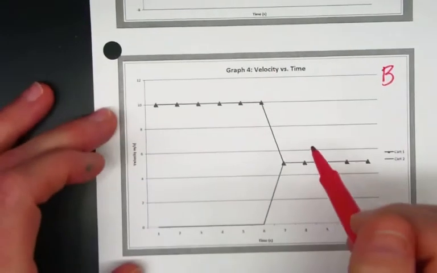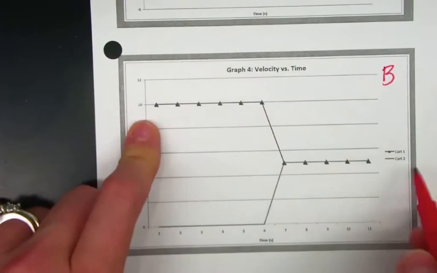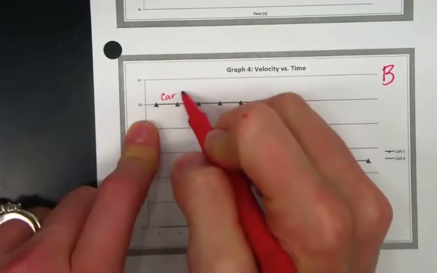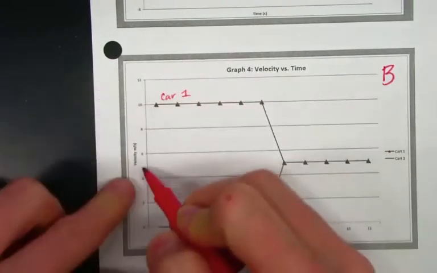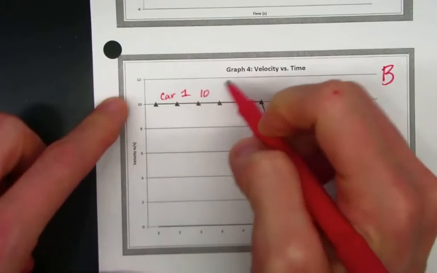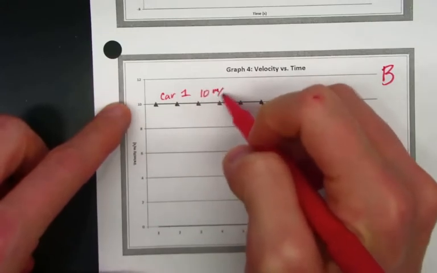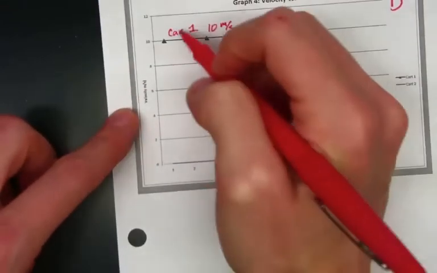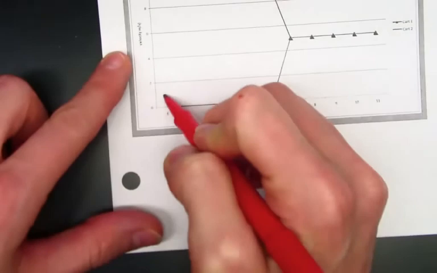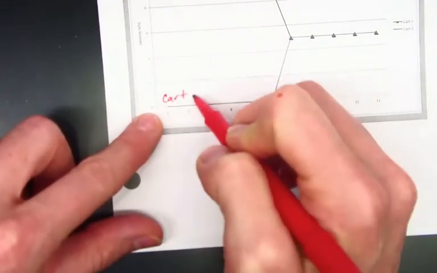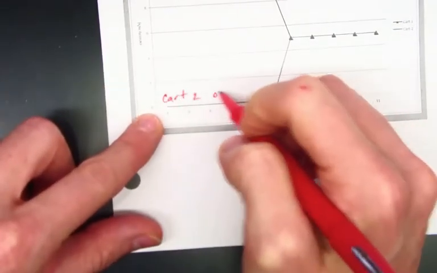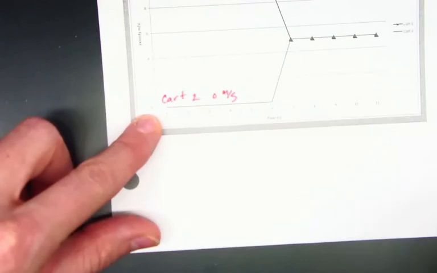For this one, I can see that cart 1 velocity is 10 meters per second. And cart 2 here is at 0, so cart 2 is at rest.